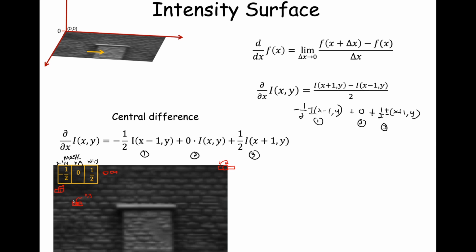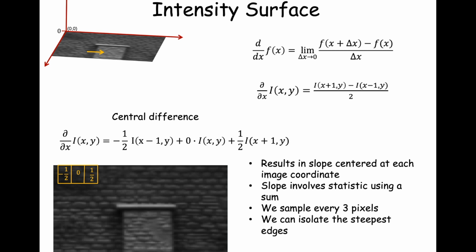Okay, so this convolution mask results in a slope, the slope of the intensity surface centered at each image coordinate. And this slope computation is just the interpretation of our derivative, the definition, implemented as a discrete derivative.